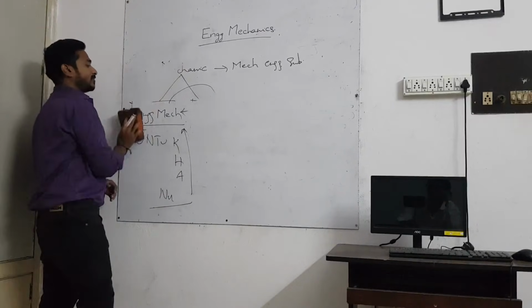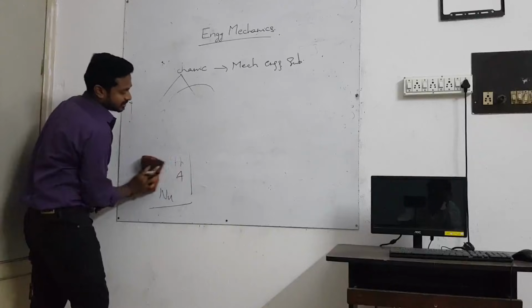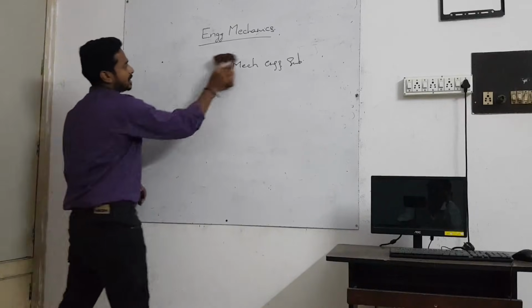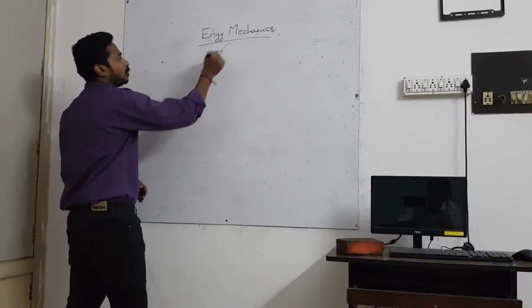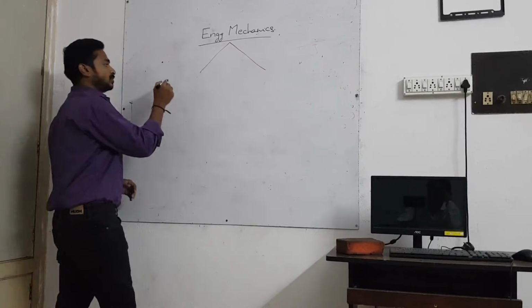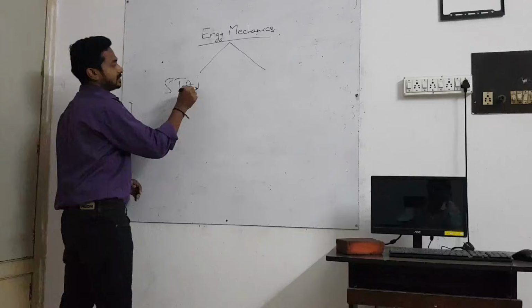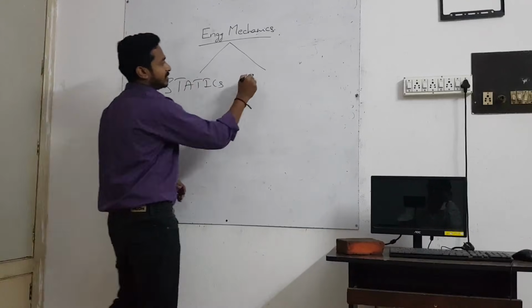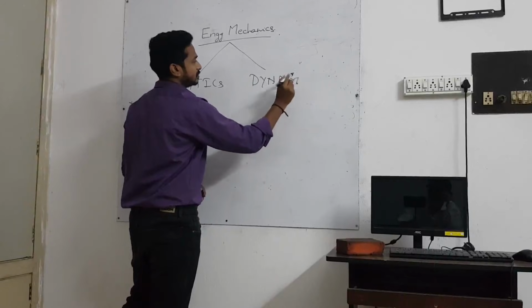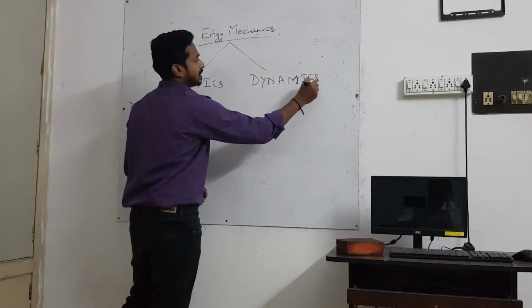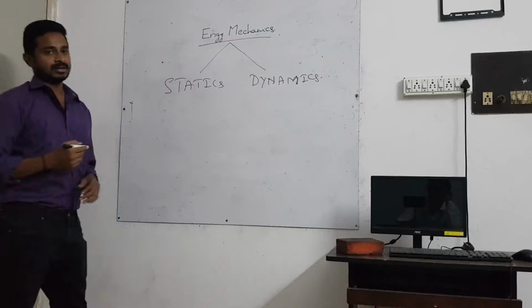Now, what are the basics of engineering mechanics? The basics of engineering mechanics are subdivided into two main branches. Those are called statics, and the second one is dynamics.